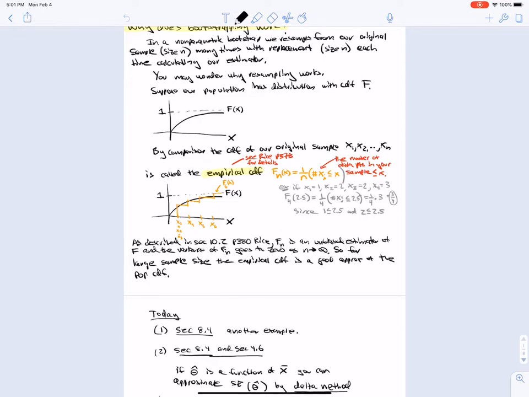And so I've drawn for you what the ECDF looks like, and you can see it closely approximates the CDF. It's a fact that the ECDF is an unbiased estimator of the CDF, and furthermore, for large samples, the variance of the empirical CDF goes to 0.